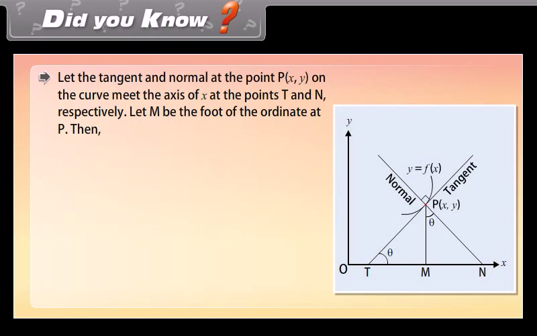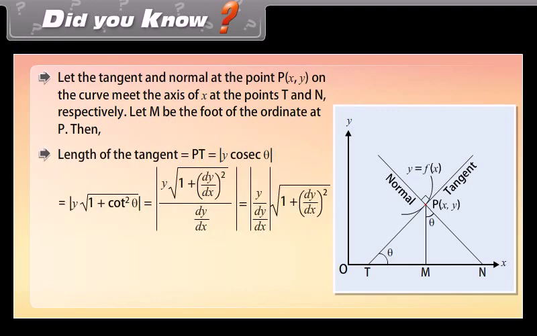Let M be the foot of the ordinate at P. Then, length of the tangent is equal to PT = |y cosec θ| = |y| √(1 + cot² θ) = |y| √(1 + (dy/dx)²) / (dy/dx) = |y / (dy/dx)| √(1 + (dy/dx)²).